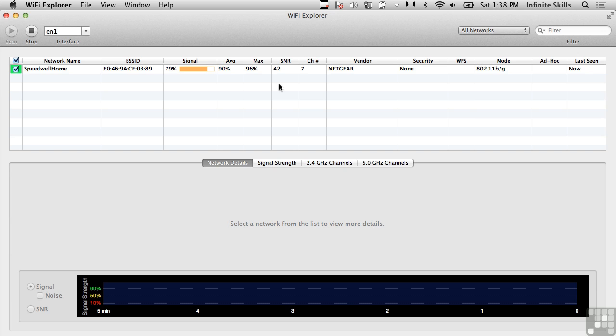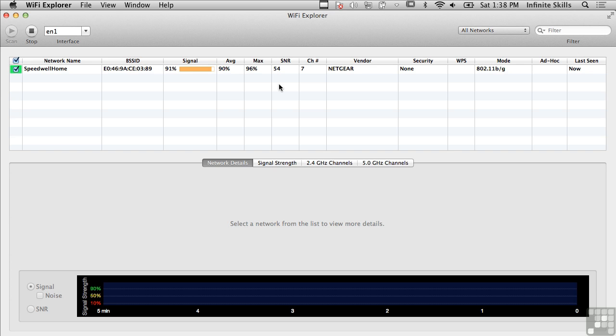So Wi-Fi uses this idea of an SSID or a service set identifier in order to give a name to the network. So when you connect, you actually know what network you're connecting to. It's not like with a wire, where you pick it up, you can trace it back to the wall and figure out where it's plugged in.